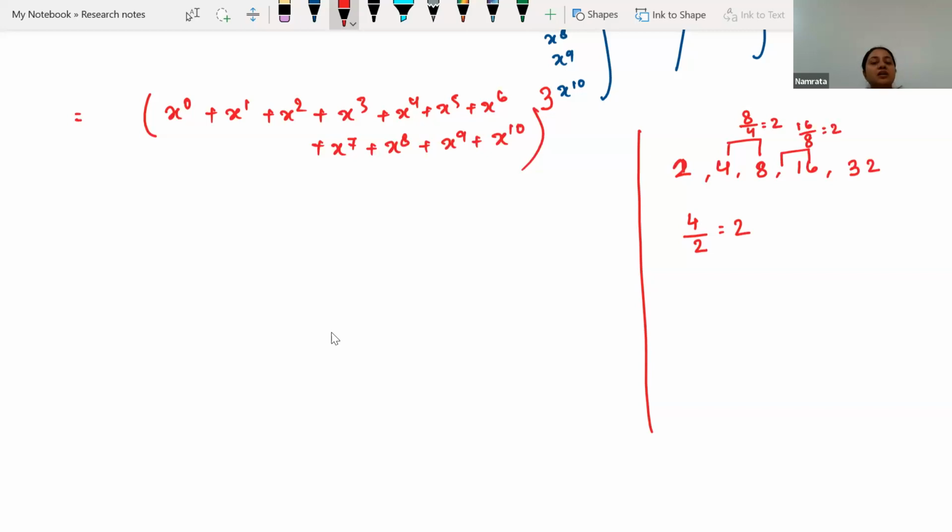So in arithmetic progression, we used to have a common difference. The difference between the numbers was the same. But here we have the common ratio. That means the ratio of the second term to the first term, or of any two consecutive terms, will always be the same, and such a sequence is called a geometric sequence.